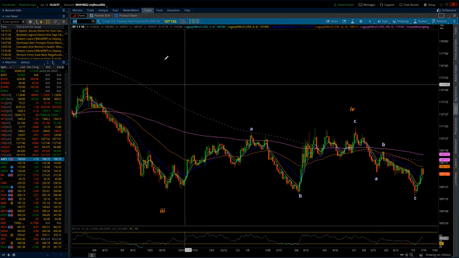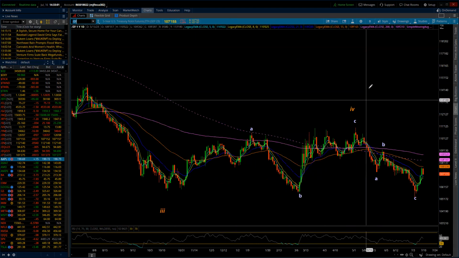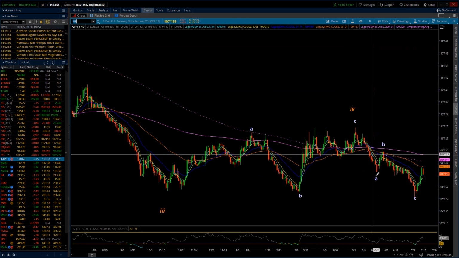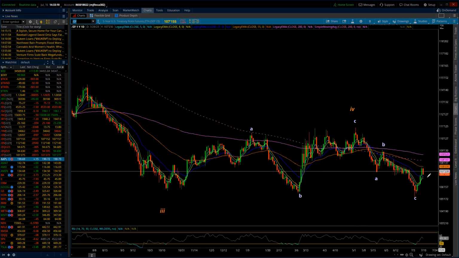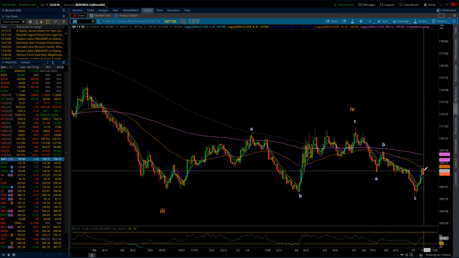But here again, in the 5-year note, I got the same type of situation, except if I was labeling this 1, 2, 3, it overlapped. 4 is way overlapping wave 1. Maybe it came back down, but it puts it into a bind.